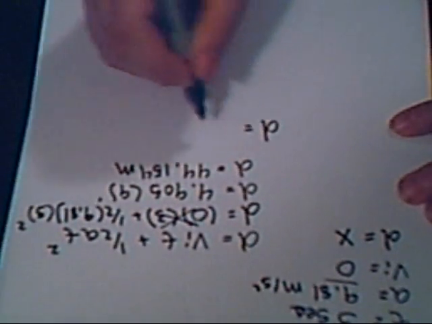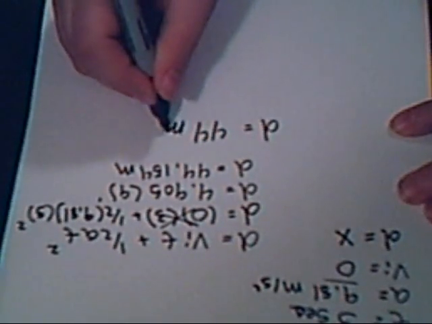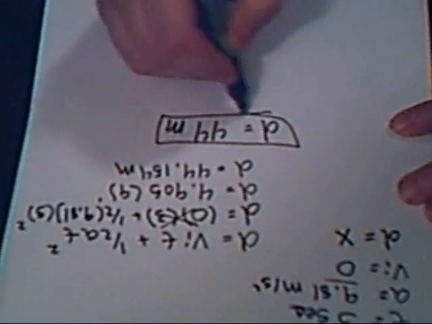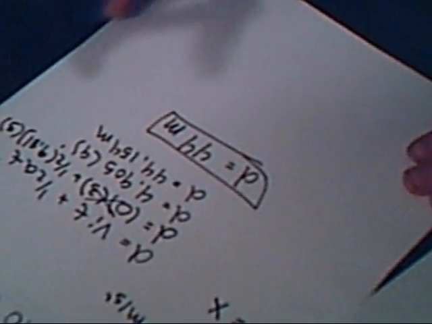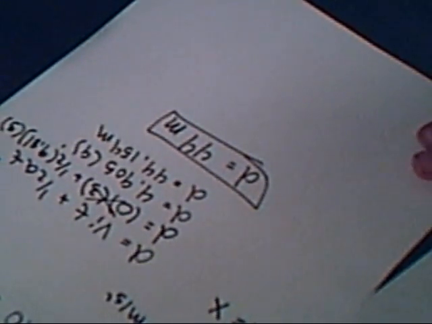So in significant figures, the distance is 44 meters. And that's how you answer this question. Now the key concepts in answering this question are to figure out the implied values and substitute known values into the formula. Next question.